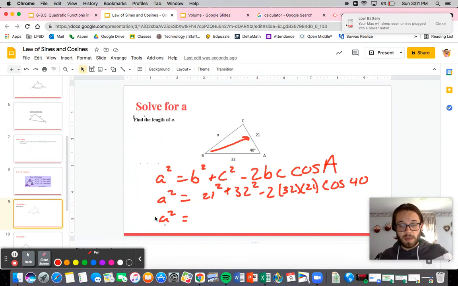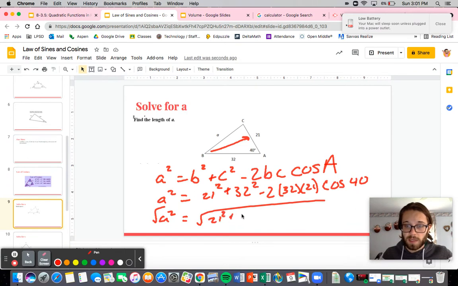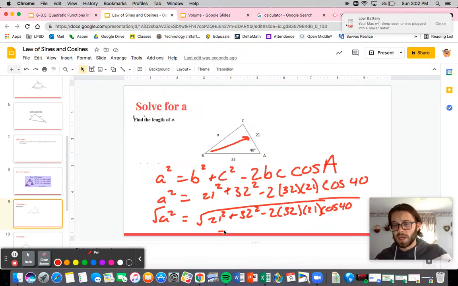Okay, and you know what? Let's take the square root of that. Let's just take the square root of all of this. So 21 squared plus 32 squared minus 2 times 32 times 21 times cosine of 40. Now, if any of these were particularly easy and you knew how to simplify them off the top of your head, just do that.